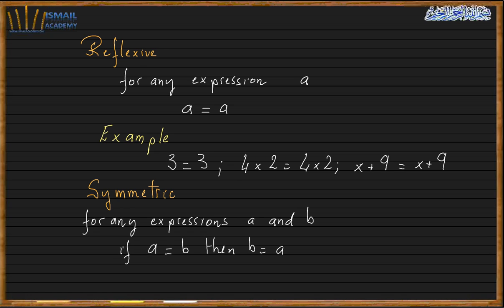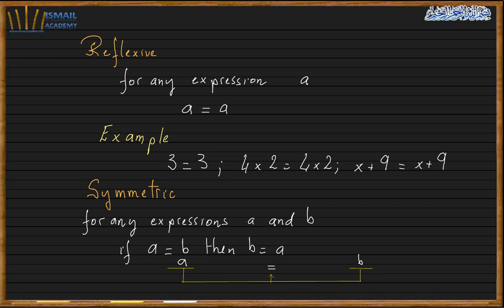I want you to see it this way, I think it is clearer. Suppose I have a balance, because equal means balance. The quantity here is equal to the quantity here. They are equal. You see we have a balance.